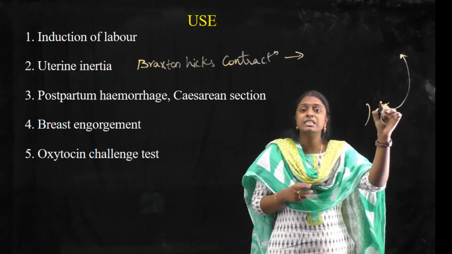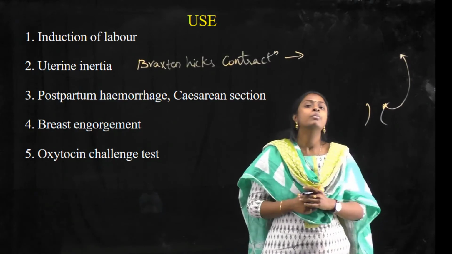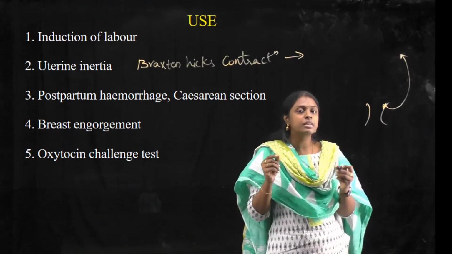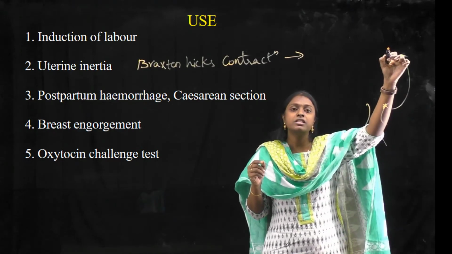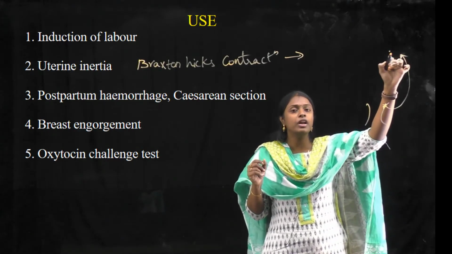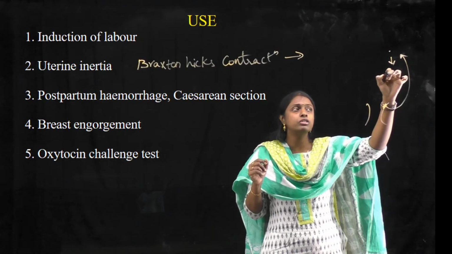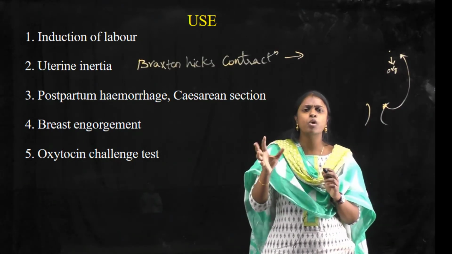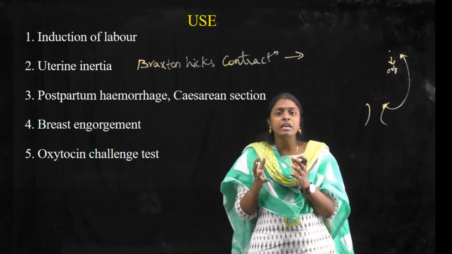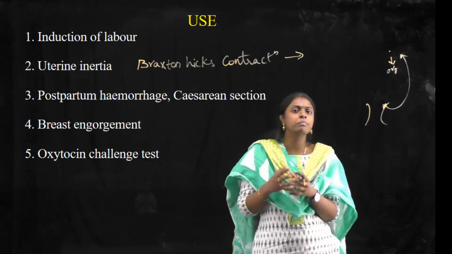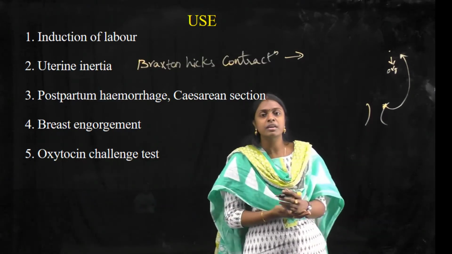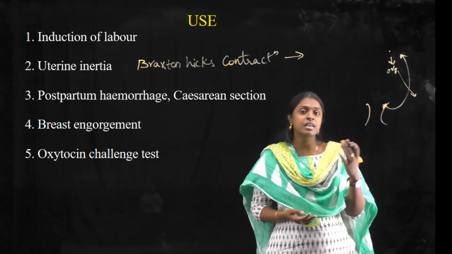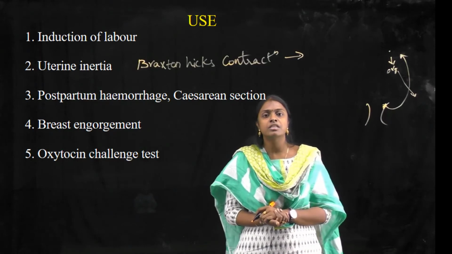So the sensory neurons in the cervix will be activated, but this is only slight activation. That's why it will stimulate the paraventricular nuclei and release oxytocin, but this oxytocin will be in very small quantity. So these contractions will last only 1 or 2 minutes, not more than that. So those are false contractions. That is how false contractions are stimulated.